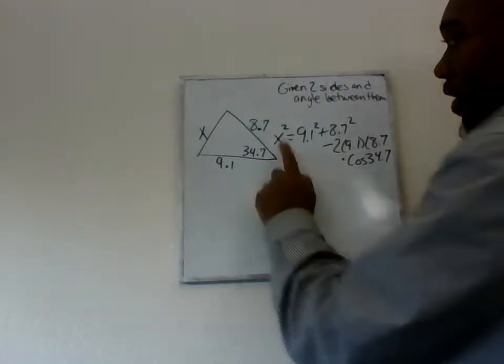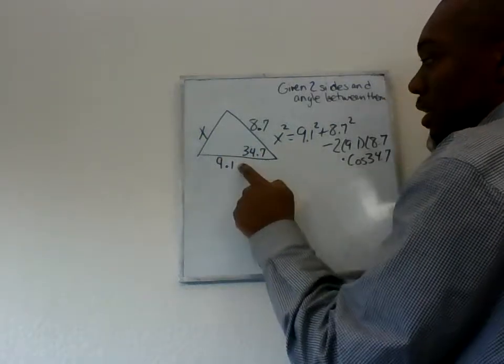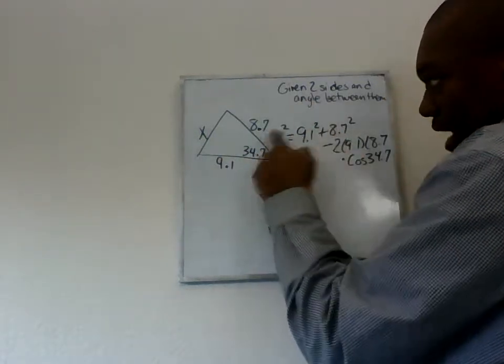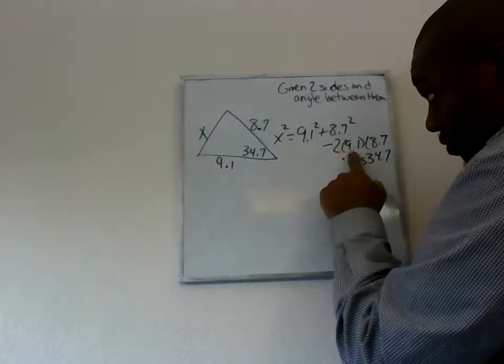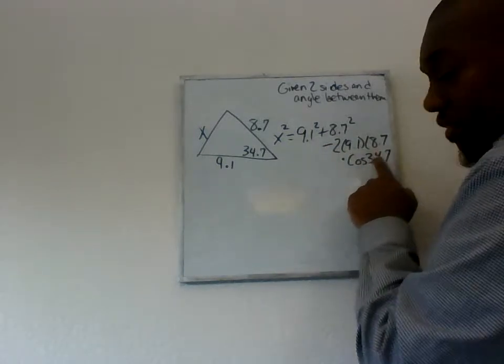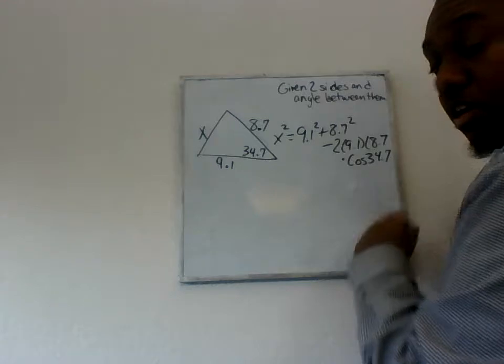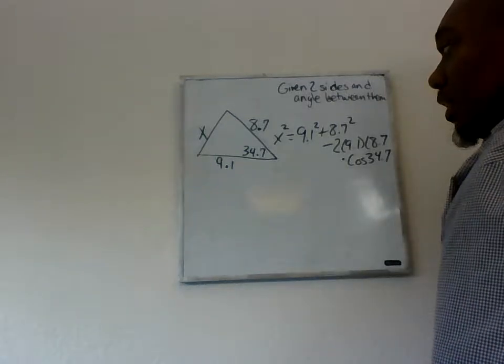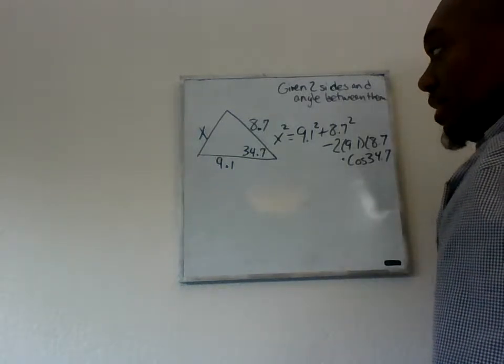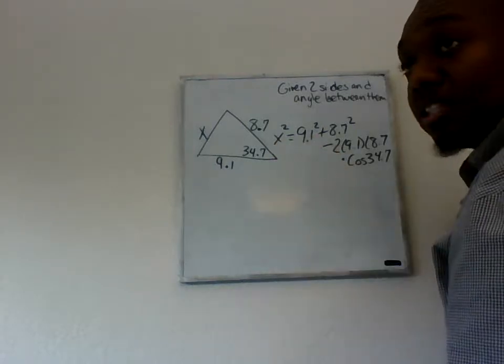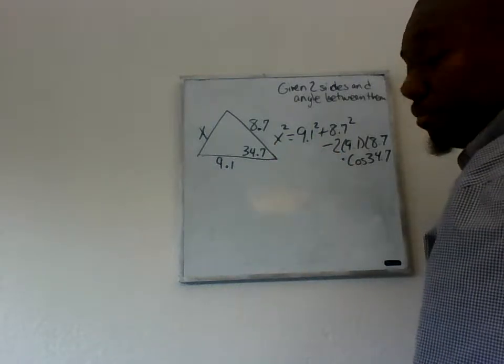So x squared is equal to 9.1 squared plus 8.7 squared minus 2 times 9.1 times 8.7 times cosine of 34.7. In the end, in order to find x, I will have to take the square root.